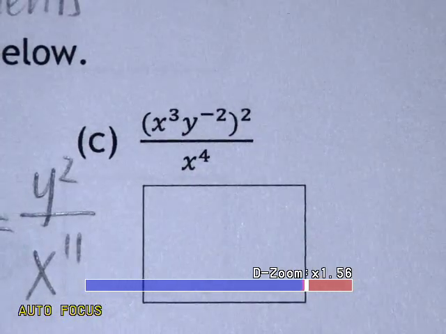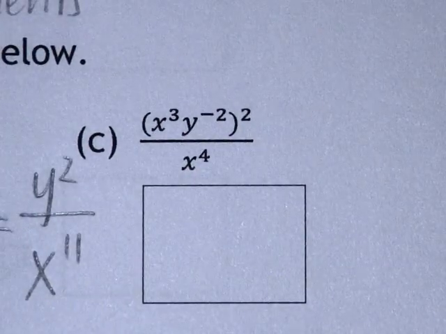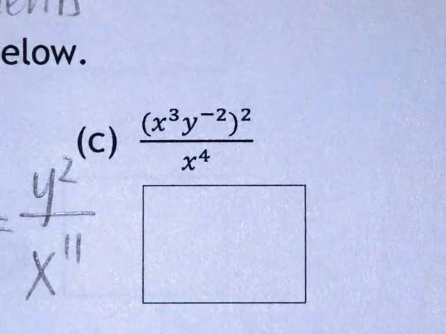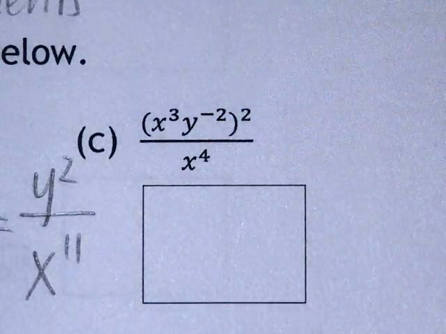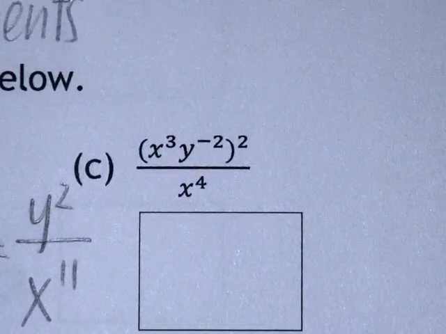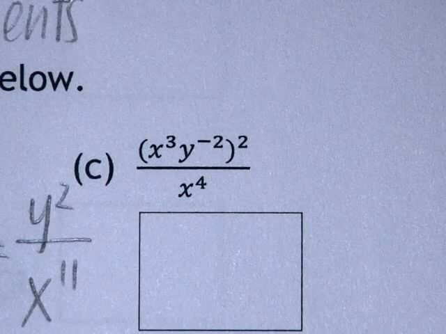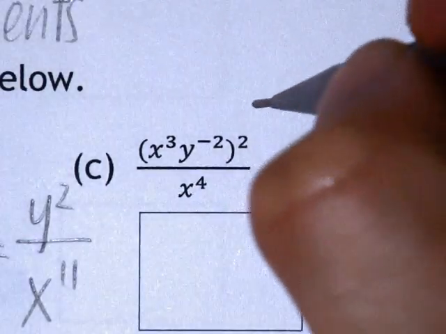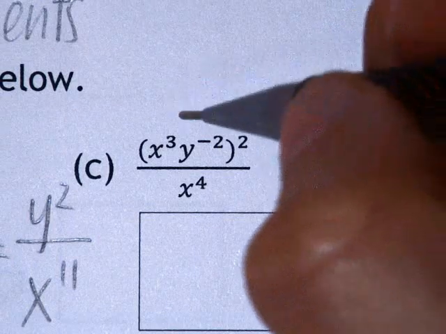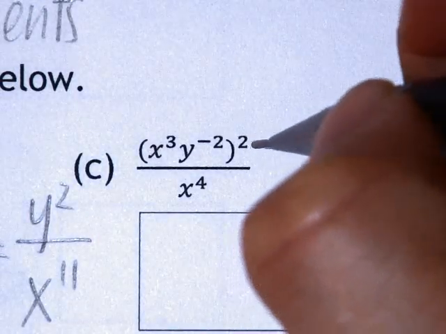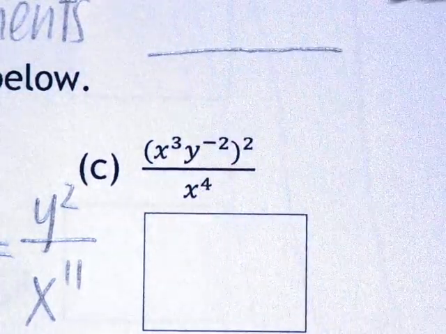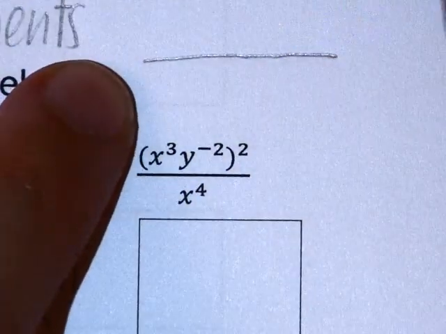Now the thing in letter C that I want to make sure that I notice here is the inclusion of parentheses, because the parentheses sort of complicate things in a way that I didn't have to deal with in the previous examples up to this point. For instance, on the top, x cubed y to the negative second is being squared, which in a very literal way means that I actually have two of those x cubed y to the negative second.